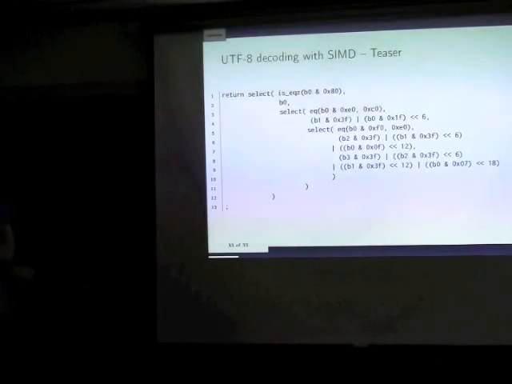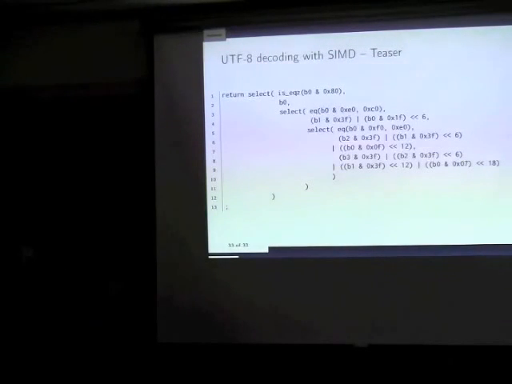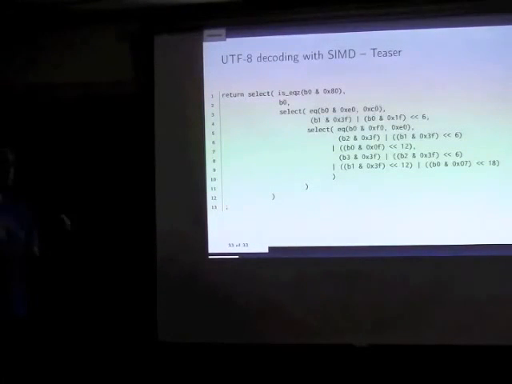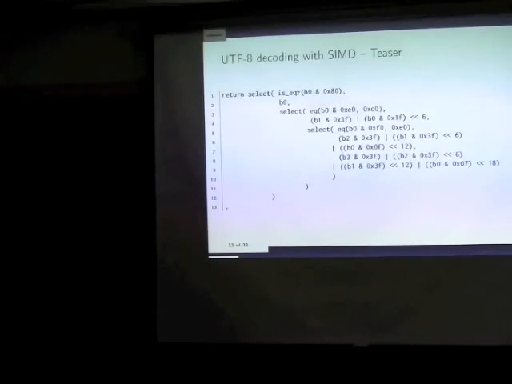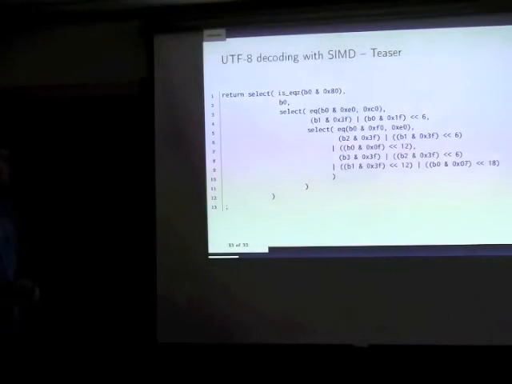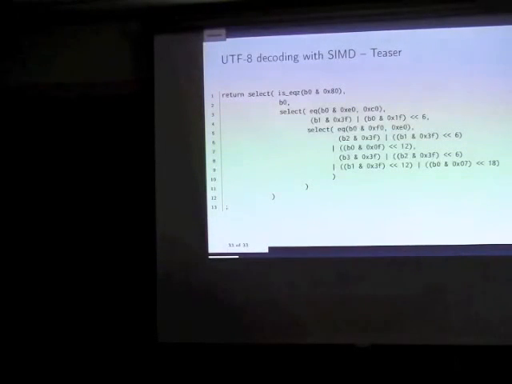What we could do is detect which case we are in, because we're going to decode four code points at the same time. We could check whether all four code points are in the same case, and in that case use an optimized algorithm and branch with a real branch.